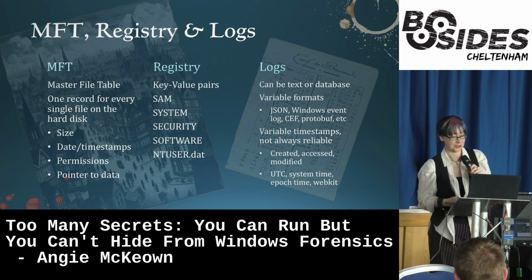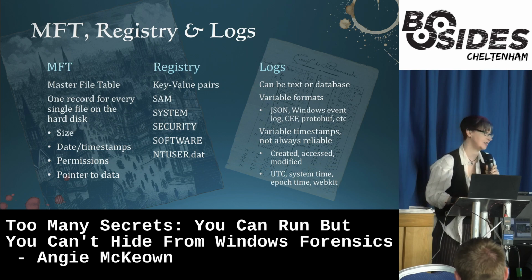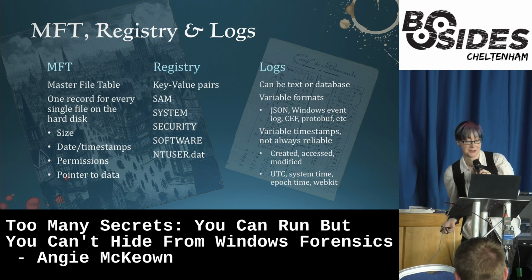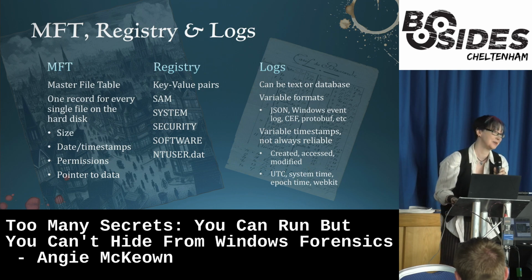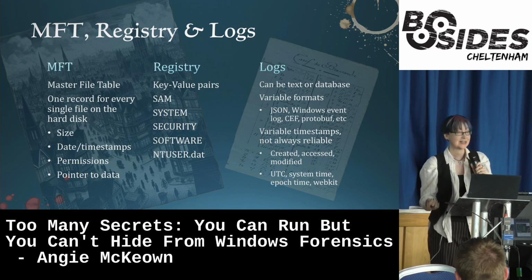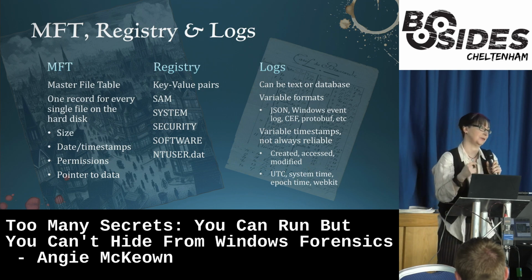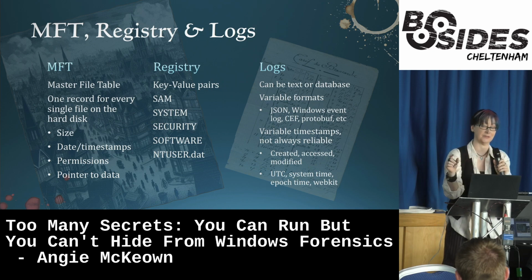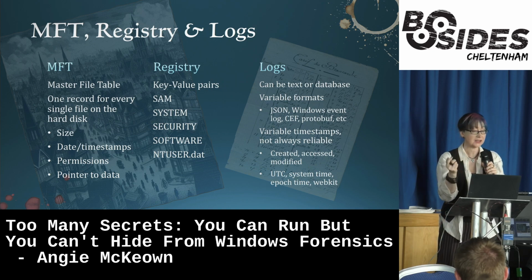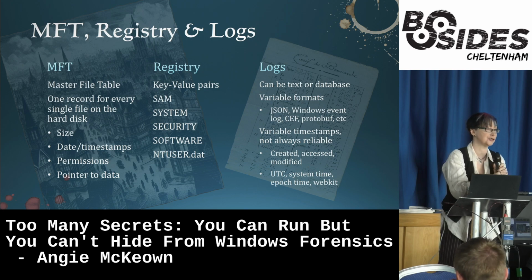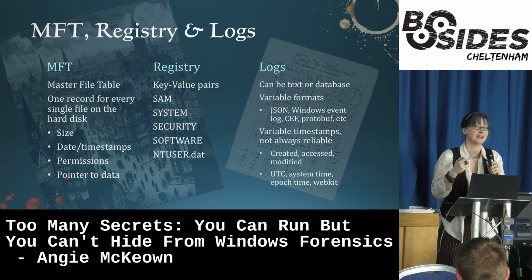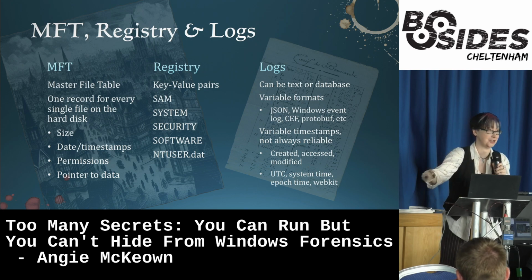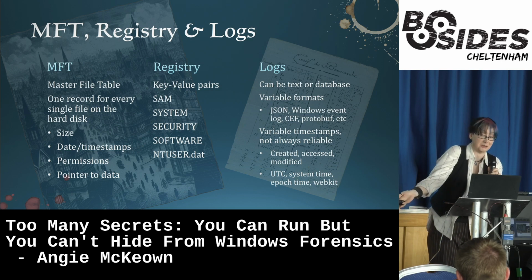But unfortunately, the timestamps can be in UTC, or they can be in system time, or epoch time, or WebKit time. So you have to be really careful with your analysis because of that. And that is because, again, these logs are not there to do forensic investigations. They're there to do whatever the machine needs done. Sometimes they only need to be in local time.